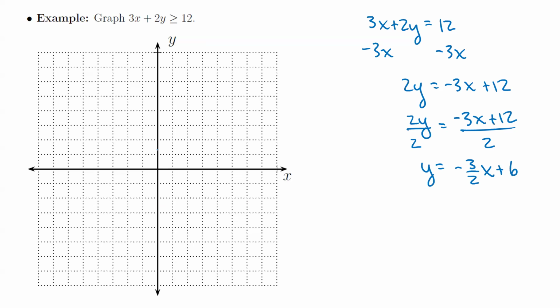Okay, so we can go up 1, 2, 3, 4, 5, 6. And then we have a slope of -3/2. So that means I'm going to go down 3, right 2, down 3, right 2, down 3, right 2. So because I'm using an equal sign underneath the inequality, I'm going to use a solid line when I graph it.